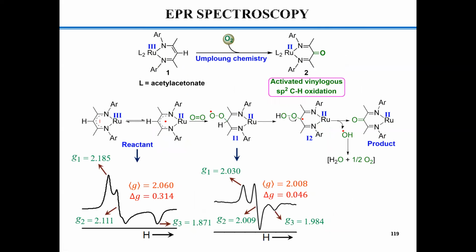Now, EPR is such a powerful technique. Once you understand the technique well, you could derive a variety of transformations, both at the organic level as well as at the inorganic level, of course. At the organic level, it is rather easy. At the inorganic level, it is rather complex, right?